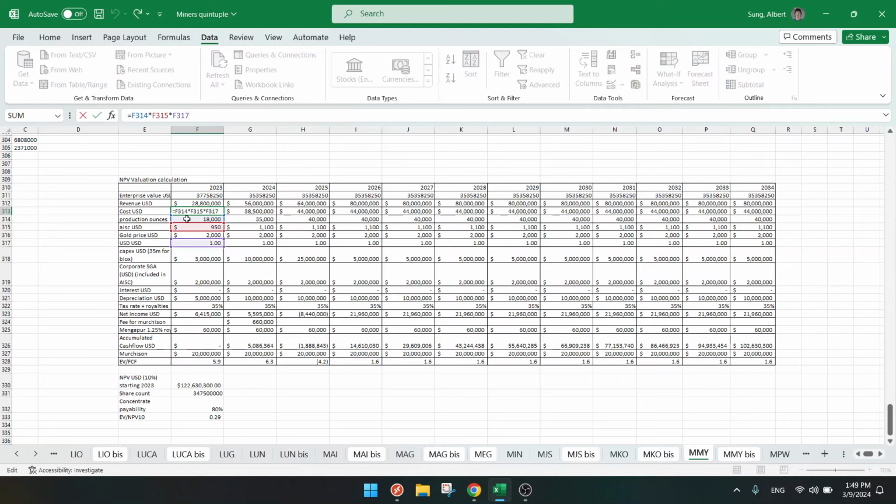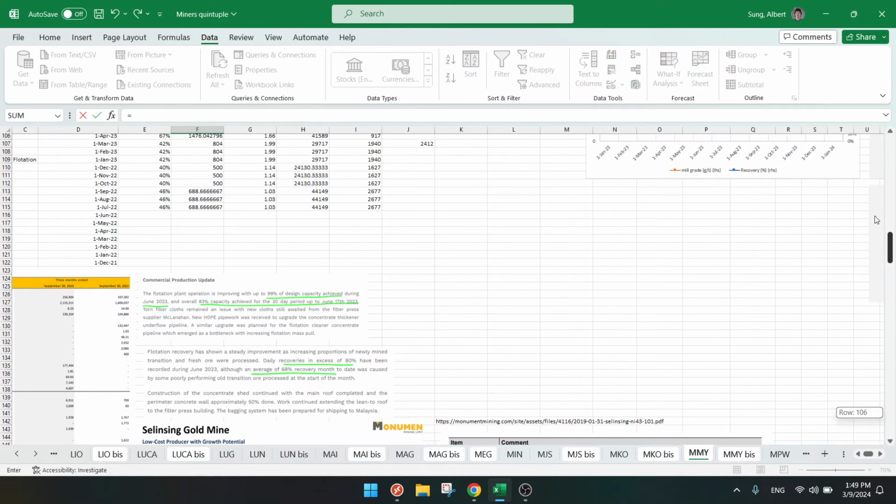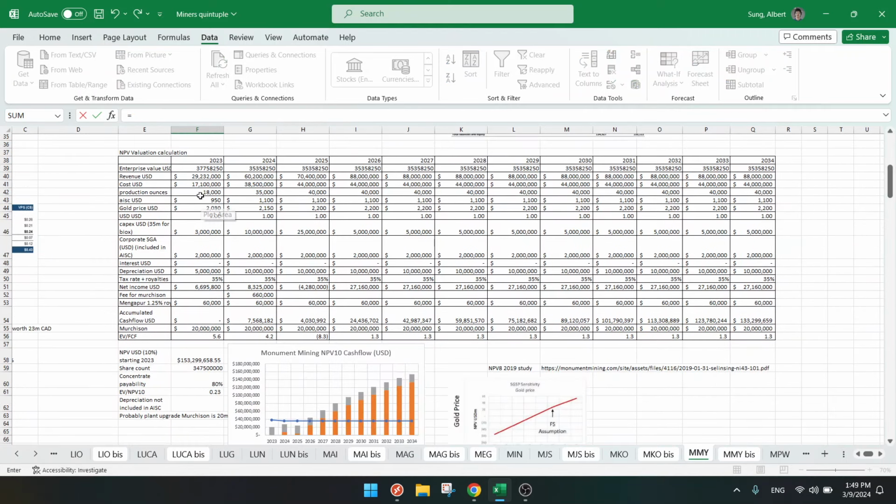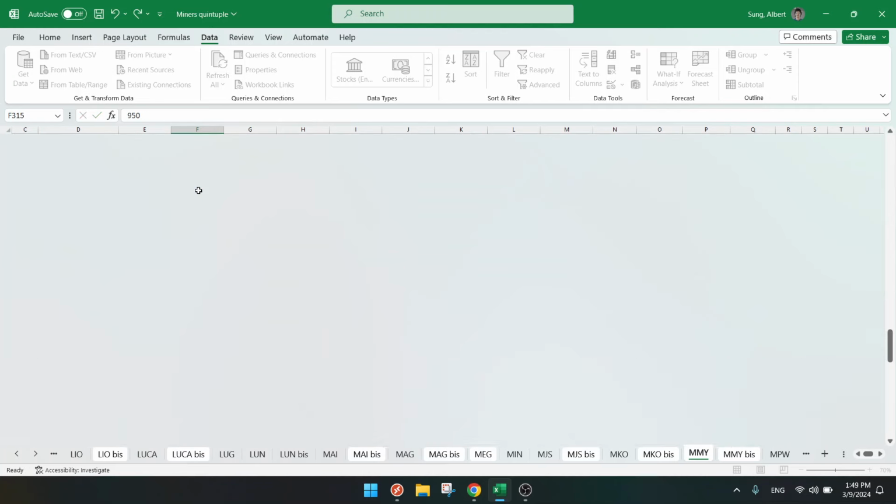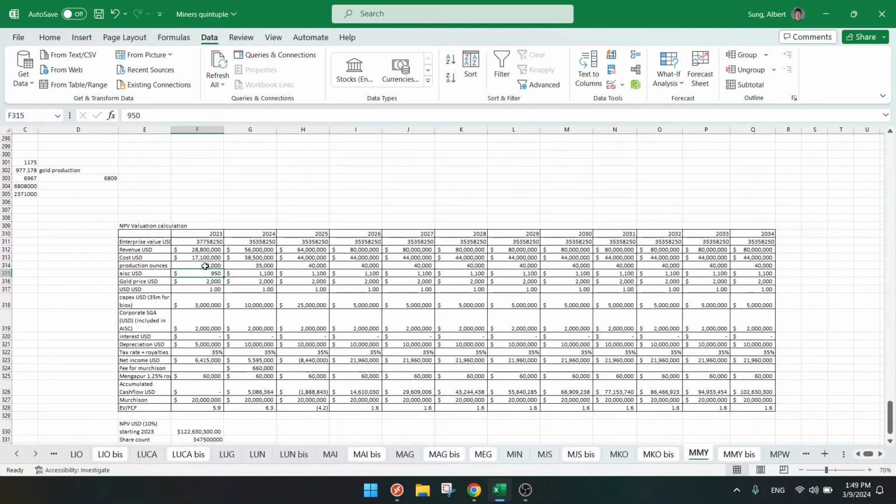Costs are using these numbers, okay. Production, yeah, for production I would refer to the master chart, because this can change. Okay, so for production, I would refer to the master chart.